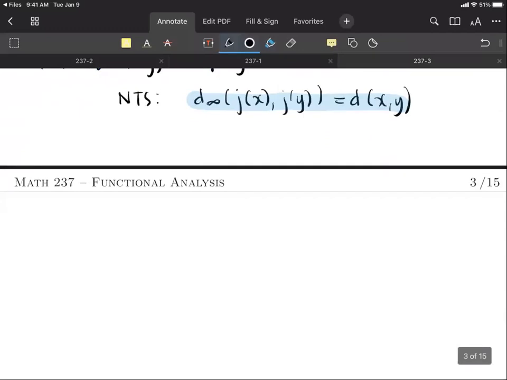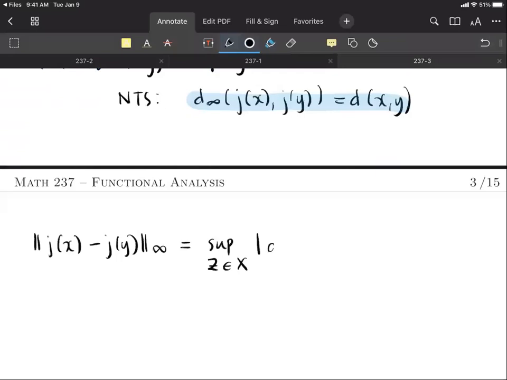So by definition, again, it is enough to consider the norm of the difference, so the sup norm. Let's put here the definition.